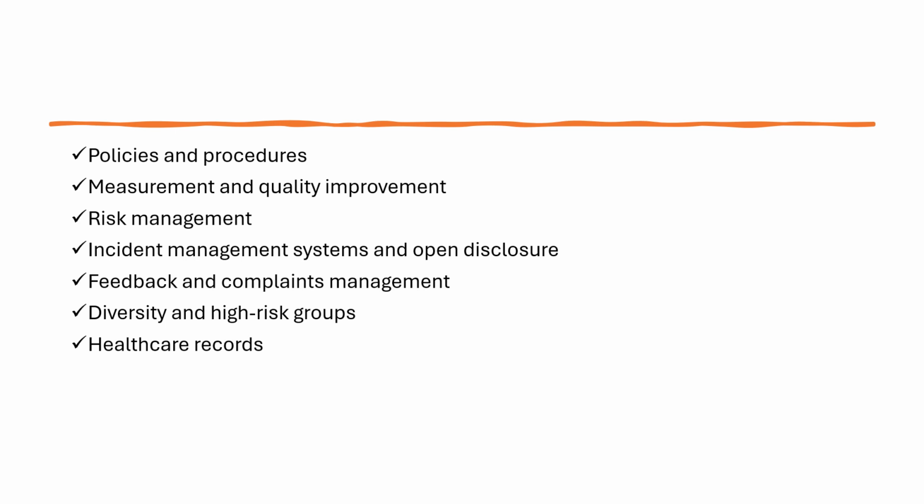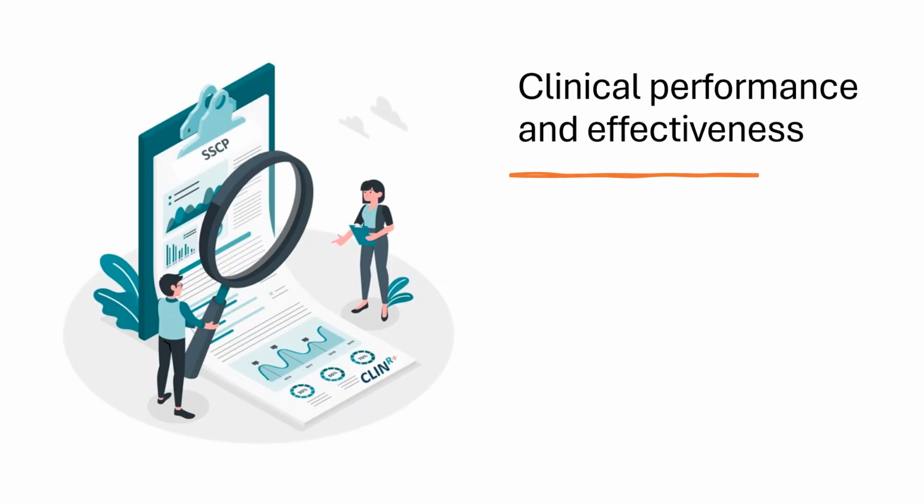That's why we have performance appraisal. We also have feedback. We also have managing complaints and compliments. We also have managing and reporting adverse events or sentinel events. So these are the actual system.